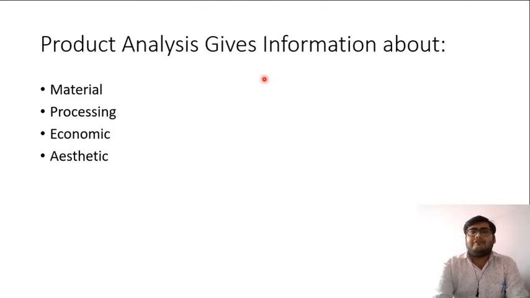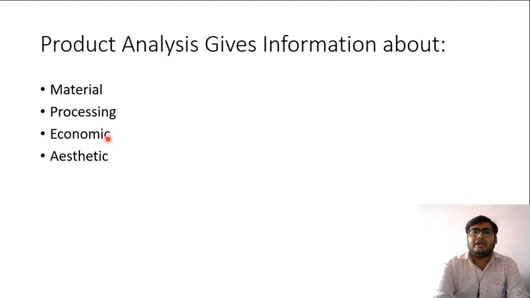And after completing the product analysis, we should have all this information. We should have information about material, which materials we are going to use. We should have information about processing, which processes are to be performed during the production of the product. We should have information about economics of the product, how much the product will cost, what will be our break even, how much the material is costing us.